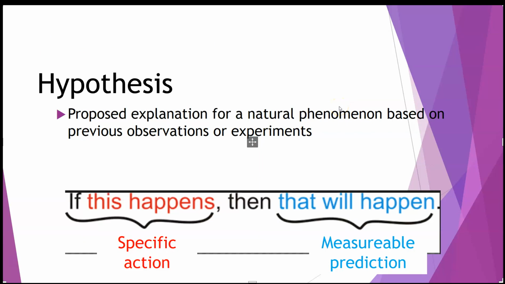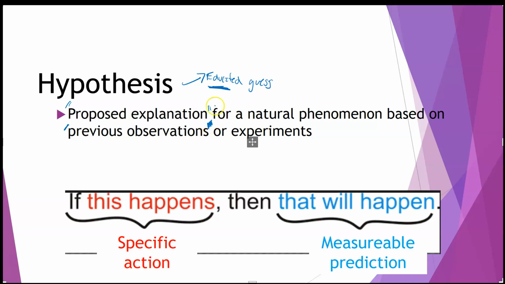So looking at the next step of the scientific method, we have to ask ourselves, how can we answer this in the appropriate manner? The way is by looking at a hypothesis or creating a hypothesis. This is going to be a proposed explanation. Sometimes when people describe it, they say an educated guess, which is not the best scientific way, but the educated part means we're actually pulling from previous observations, right?